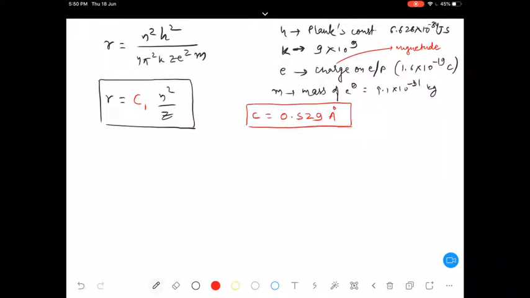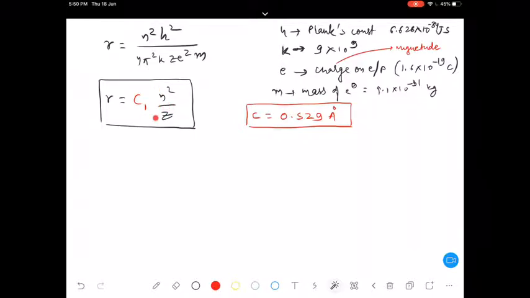That will be the same for any element or any species. Is that correct? Now radius is equal to some constant into n square by Z, where n is the number of the orbit, which will be 1, 2, 3, an integer value, right.